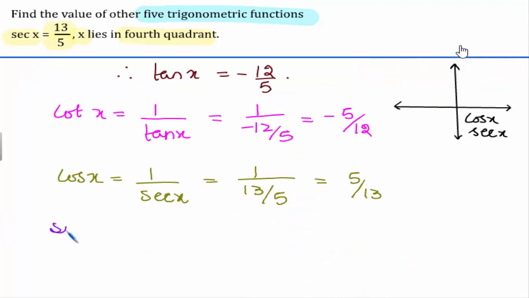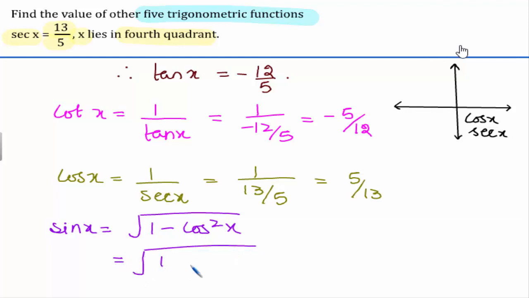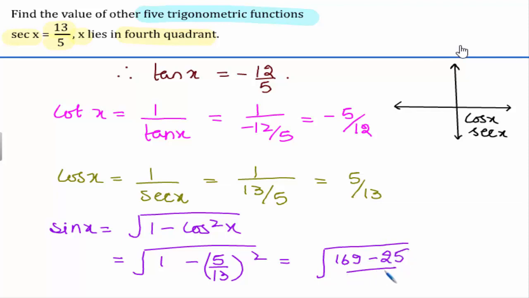We know that sin x is equal to square root of 1 minus cos square x, that is square root of 1 minus (5 upon 13) whole square, which is equal to square root of (169 minus 25) divided by 169, which is equal to square root of 144 by 169.